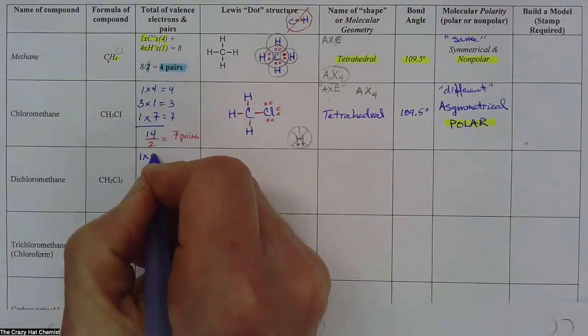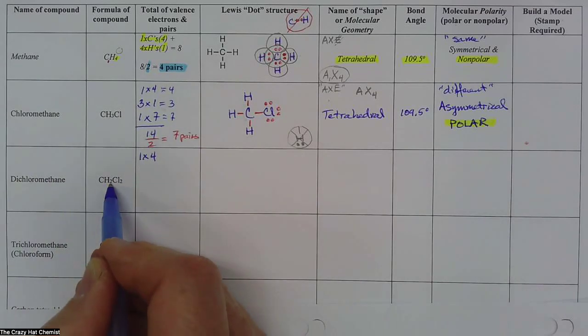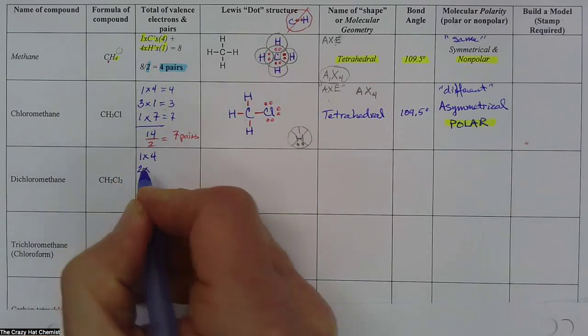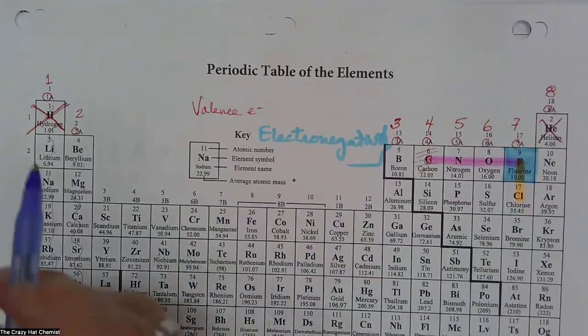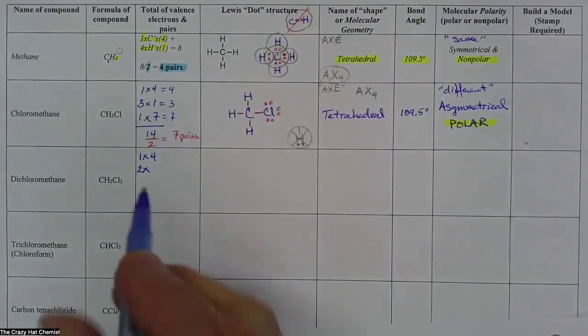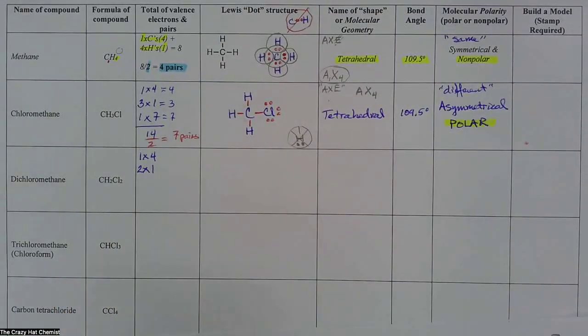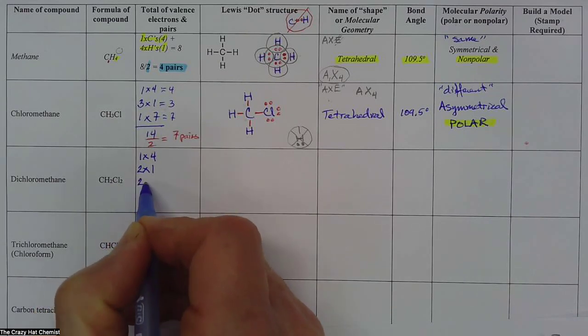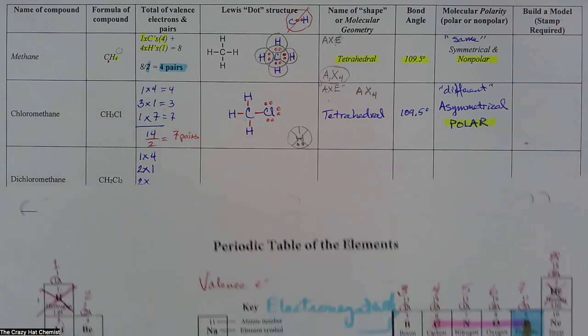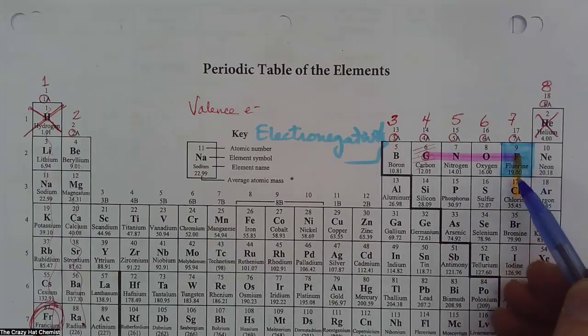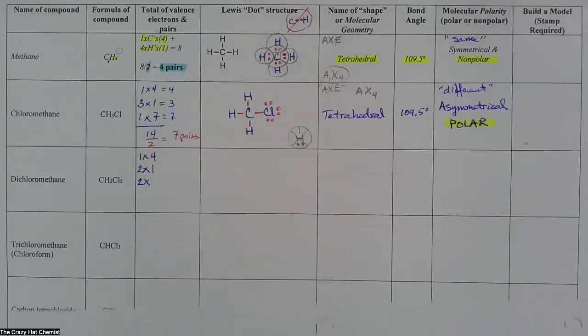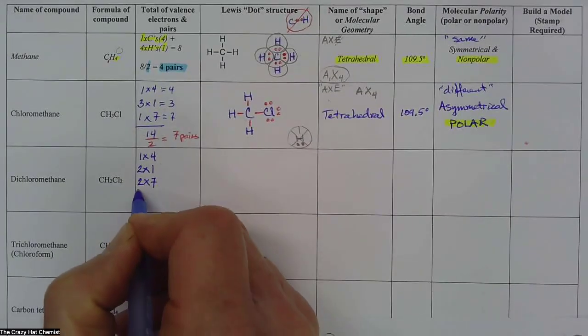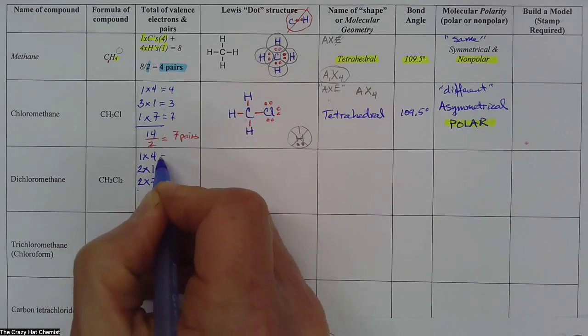So 1 times 4. The hydrogens, there are 2 of them. So 2 times the valence electrons for hydrogen, which is 1. Okay, there are 2 chlorines. So I'm going to multiply the number of valence electrons of chlorine, which is 7. Perfect. Now we do the math.